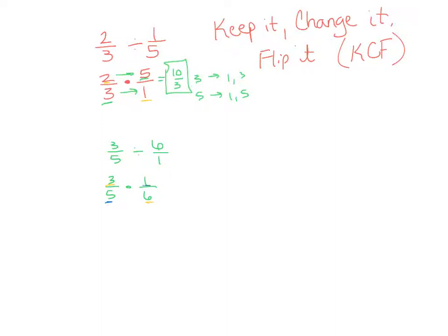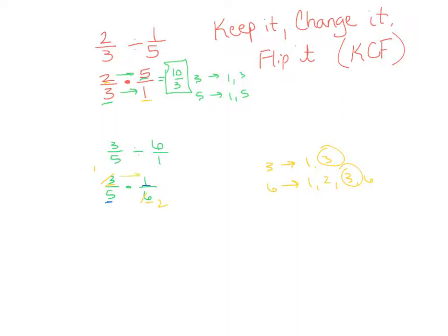The blues have a 1, so can't do anything with them, but we can look at 3 and 6. 3 is divisible by 1 and 3. 6 is divisible by 1, 2, 3, and 6. So 3 is the biggest number. So we're going to divide 3 by 3 and get 1, 6 by 3 and get 2.